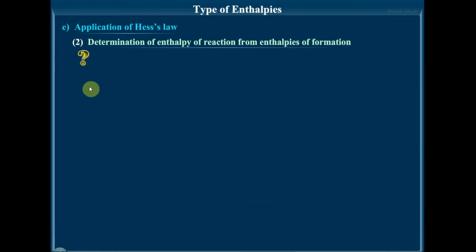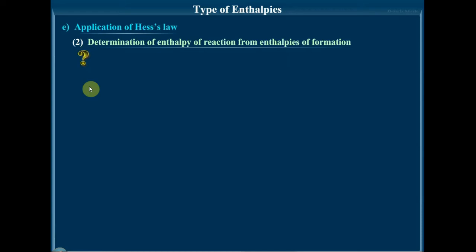The next application of Hess's law is the determination of enthalpy of reaction from enthalpies of formation. We have learned the definition of enthalpy of formation earlier. And the example that I have given earlier is the formation of carbon dioxide. C plus O2 gives CO2.